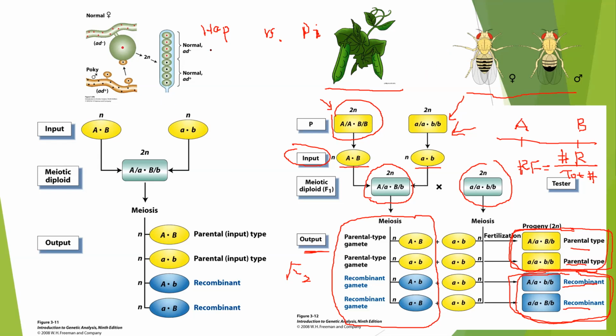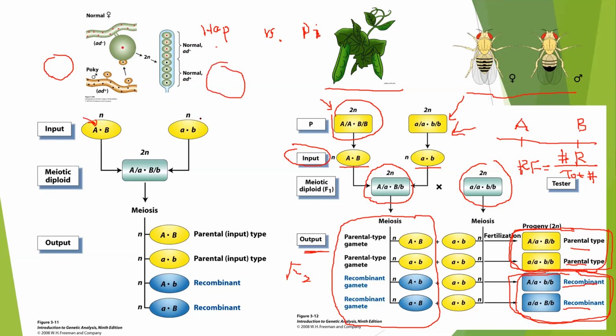Today we're going to learn how we can do the same thing in haploid individuals, the haploid organism Neurospora. The difference is here. Two parents will be haploid, like this.